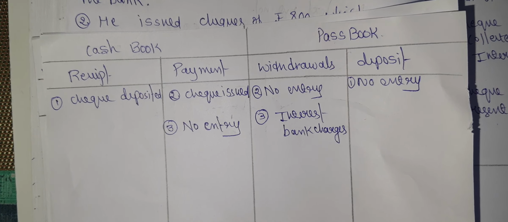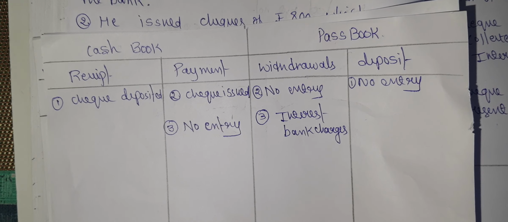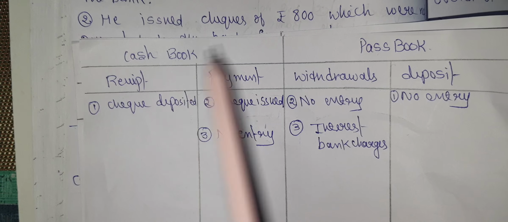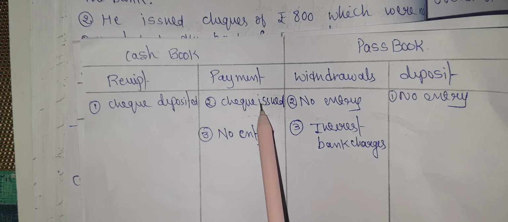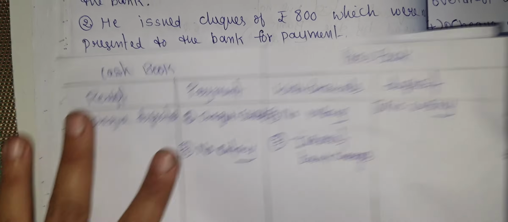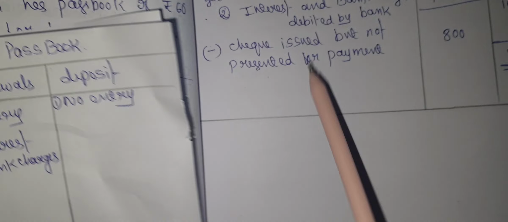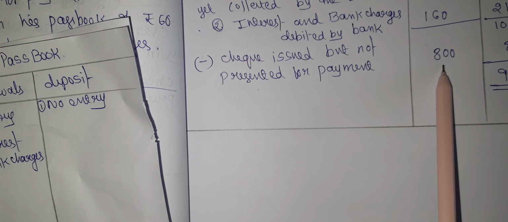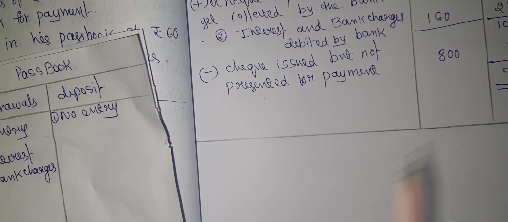Now check the effect on cash book only, not passbook. Check issued means there is a decrease in the cash balance. Decrease means we need to deduct this transaction. See here, check issued but not presented for payment, that is rupees 800. Write it down in the inner column.